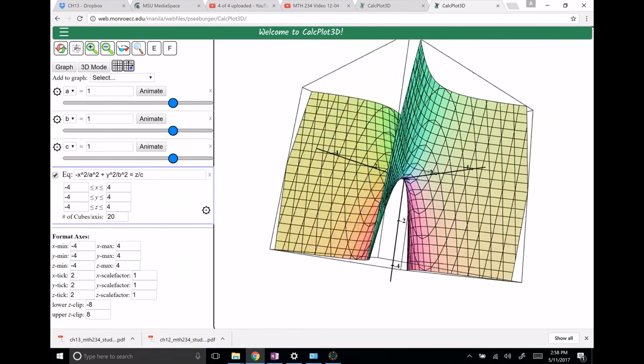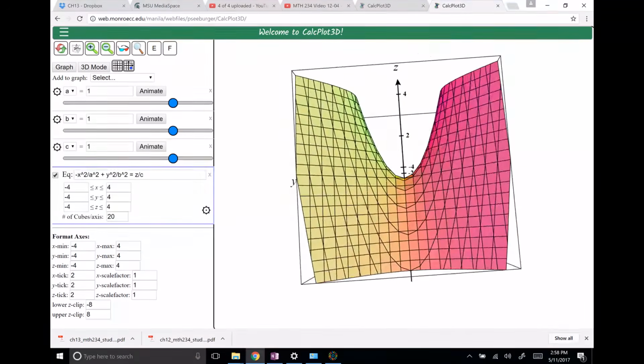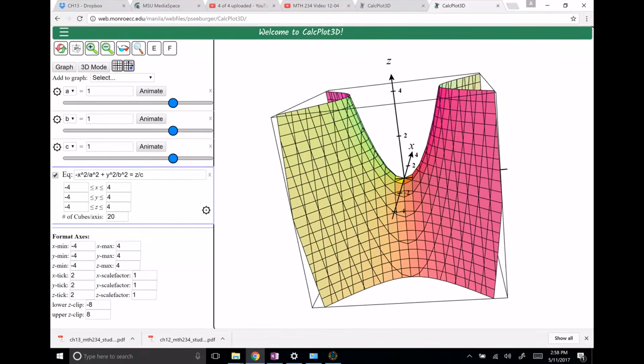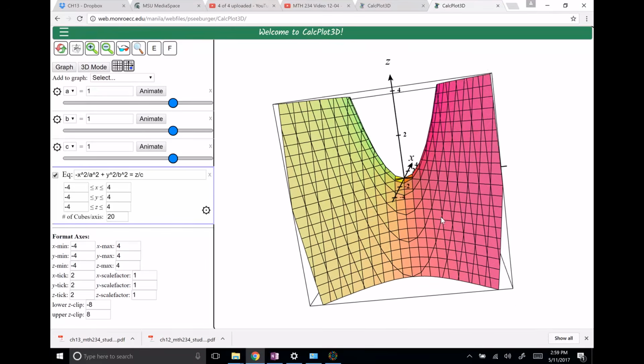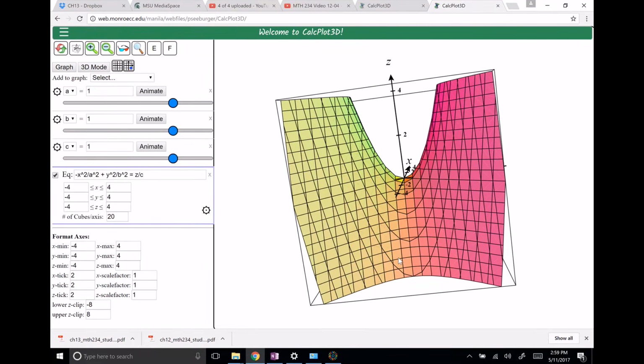This is cool. It kind of looks like a saddle almost, right? Kind of a saddle that you would maybe put on a horse or something. So actually this is the start of something great. It's called saddle points and whatnot. You can see that in this direction we have some parabolas going on, right? We see some parabolas this way.